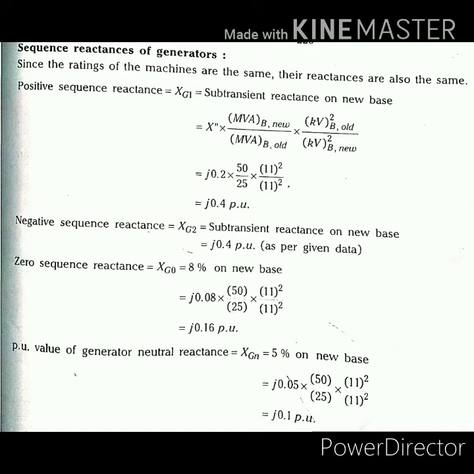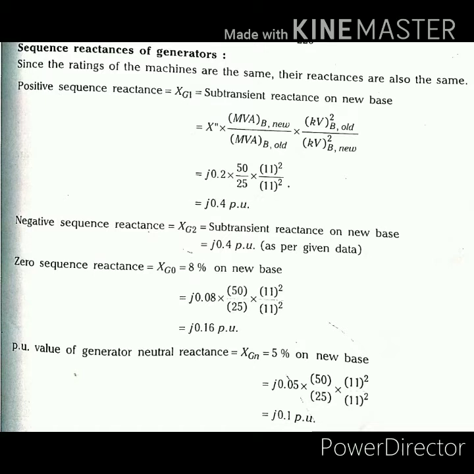MVA base old, whenever the old term comes, you should see the question. Generator 1, how much have they given? 25 MVA. Into kV base square old, which we have found is 11 kV, and kV base square new, that is in the question, that is 11 kV again. So you will get J0.4 per unit.